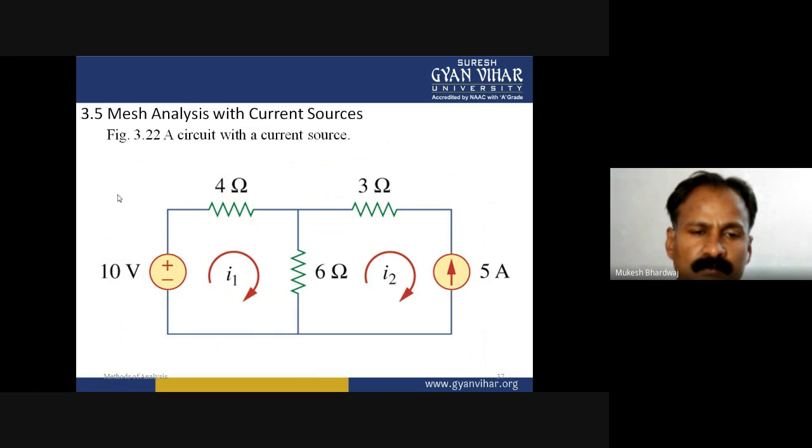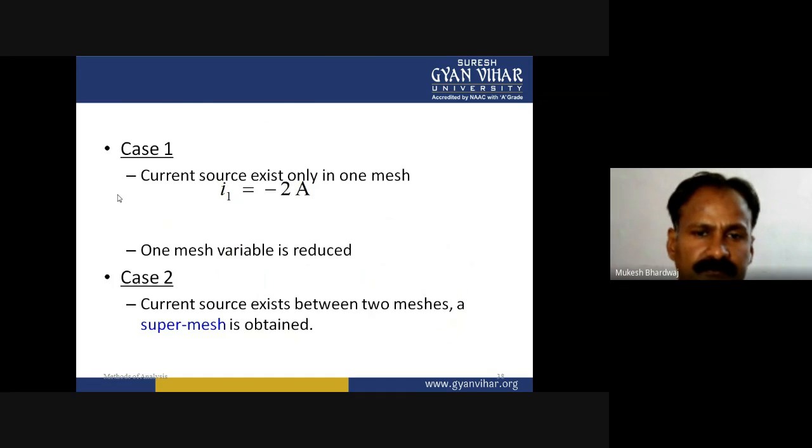So the equation for mesh 1 can be written as 10 equals 4I1 plus 6(I1 minus I2). And we know that I2 is 5 ampere. So I2 is equal to 5 ampere. One mesh variable is reduced.